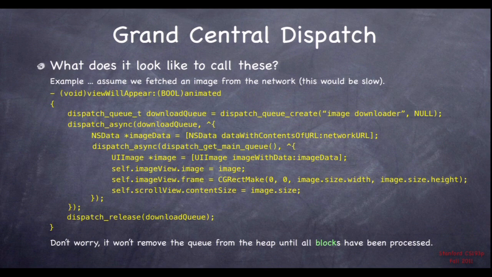So dispatch release on the download queue is basically telling the system that when there are no more blocks, you can release it as far as I'm concerned. So we always do that right after. These three lines of code, dispatch create, dispatch async, dispatch release, are going to happen in microseconds, in nanoseconds, because they're not really executing any of the code in the middle. That's all going to be executed later when someone comes along on this queue and grabs that block and starts executing it. Question? Question back here first.